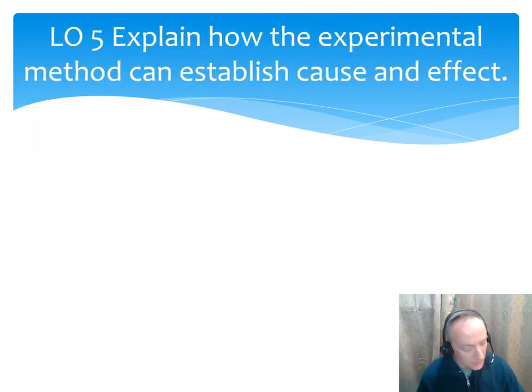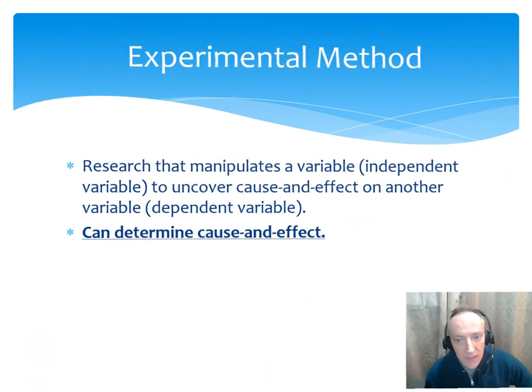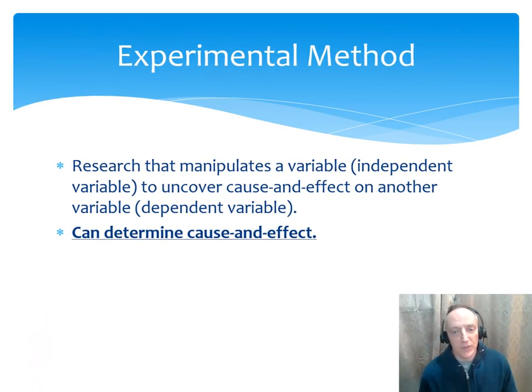Now, the one research method that can address that explanation goal of psychology and determine cause and effect is experimental research. In experimental research, the researcher, the experimenter, manipulates one variable to determine if it has a cause and effect on another variable.